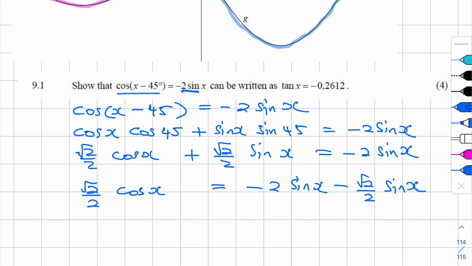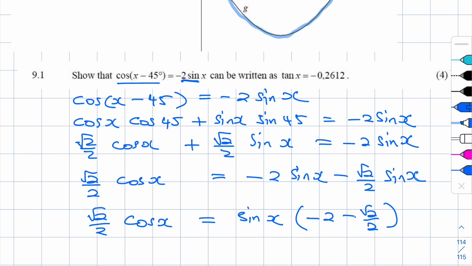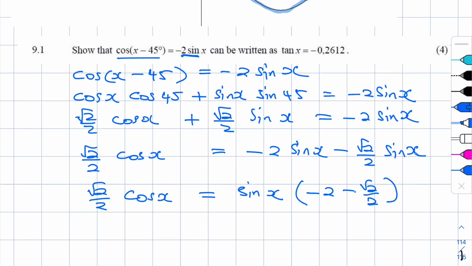We can add the like terms, but here I prefer to factorize. So square root of 2 over 2 cos x is equal to, I will take sin x as a common factor. And then I'm left with minus 2 minus square root of 2 over 2. Then what I'm going to do next, I'll divide by cos x both sides.